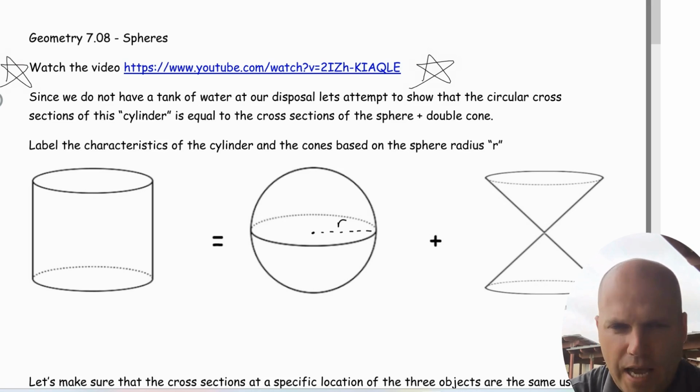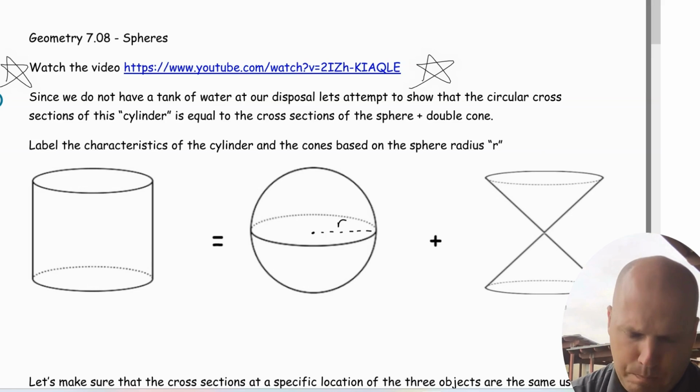So what the guy was trying to explain is how Archimedes, OG cool mathematician, discovered that if you take a cylinder that can perfectly fit a sphere, the volume of this cylinder equals the volume of the sphere that fits inside plus the volume of this double-topped cone.